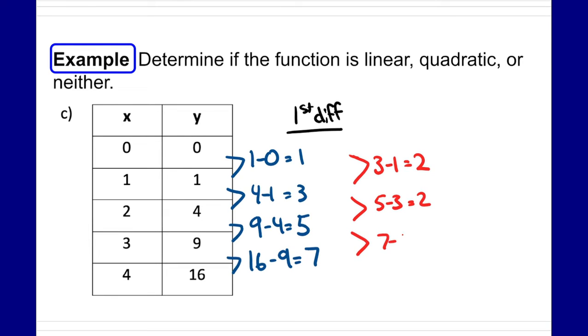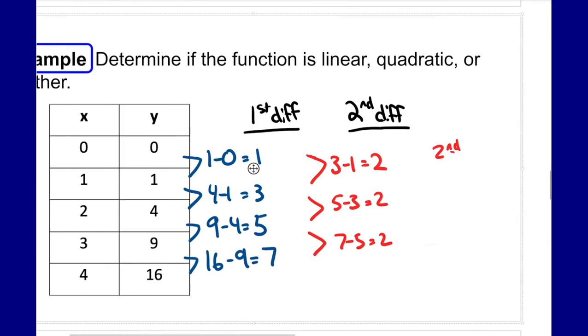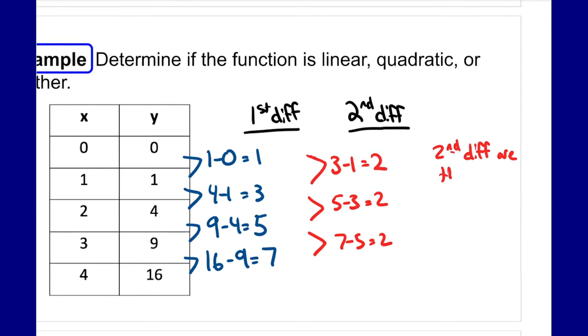Last one, 7 minus 5 equals 2. So now, our second differences are all the same: 2, 2, and 2. Our second differences are the same.